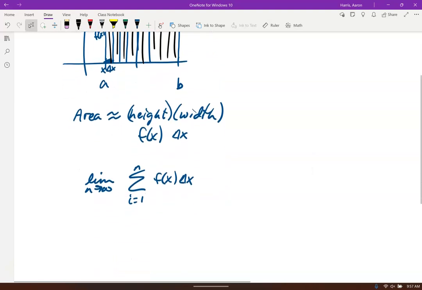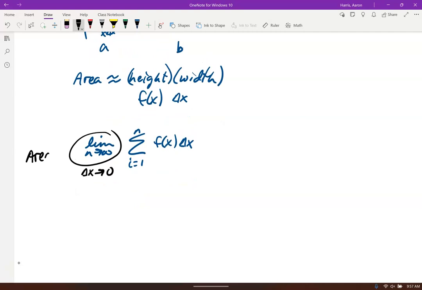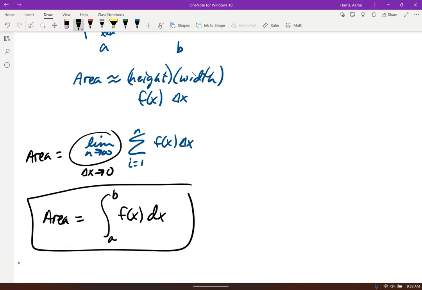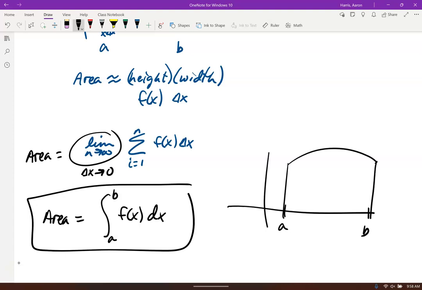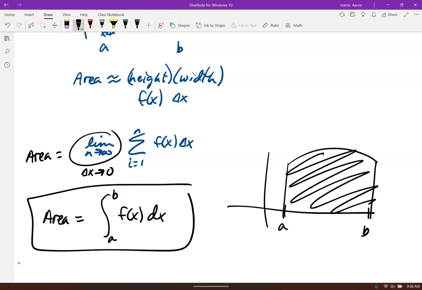So if I run the number of rectangles to infinity, in other words, the width of the rectangle is going to 0, then that would give us the exact area under the curve, which is the integral from A to B. That's a quick little overview if you remember that. The integral from A to B is the area under the curve.